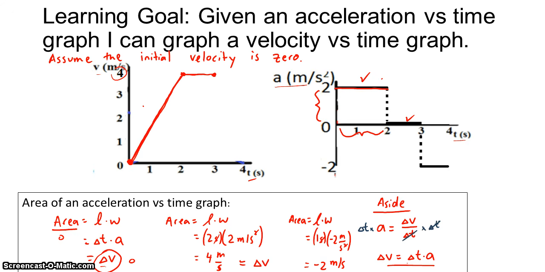So now, from here, my velocity changes by -2 meters per second. So I started up here, I'm going to go down 2 meters per second to there. And that's all it is.